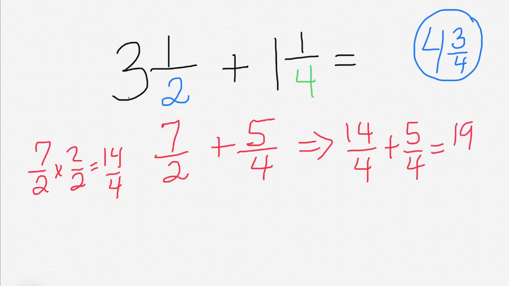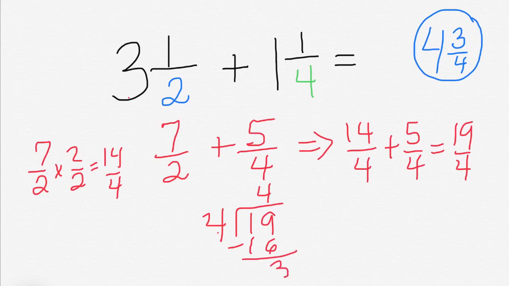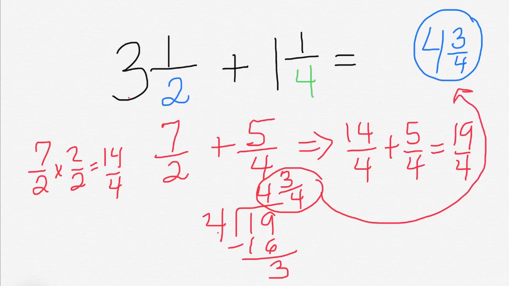And that equals 19/4. So then I'm going to divide 4 into 19. And 4 goes into 19 4 times. And we have to subtract the 16. And then we have 3 as a remainder. And so then we would have 4 and 3/4, which is the same as what we got up here. So that's going with the improper fraction method.